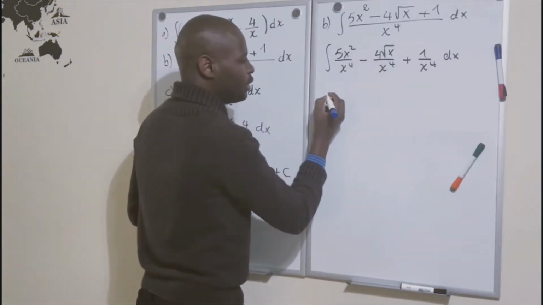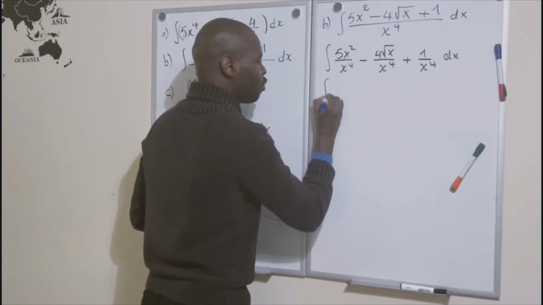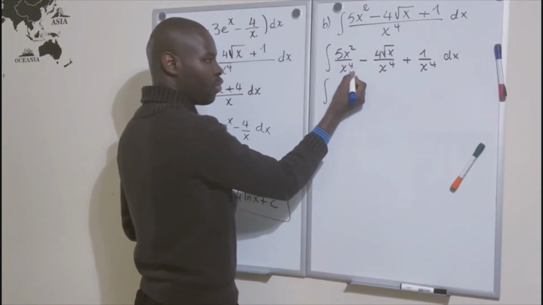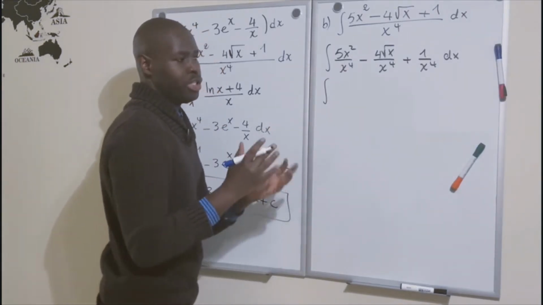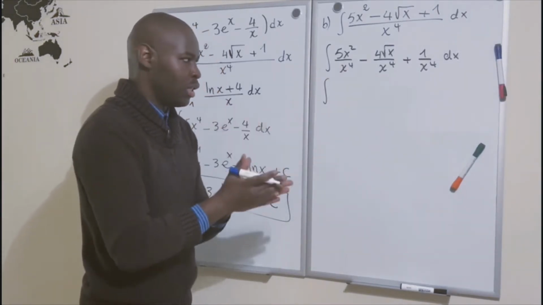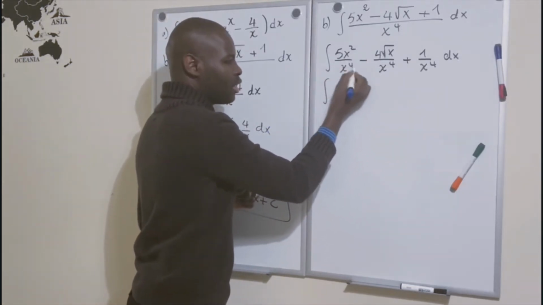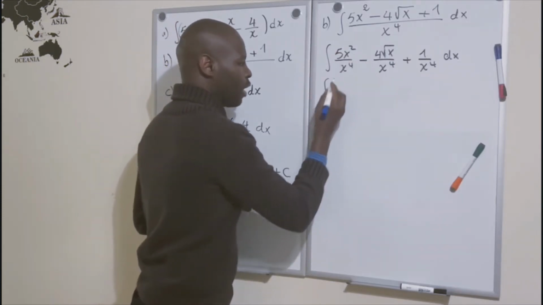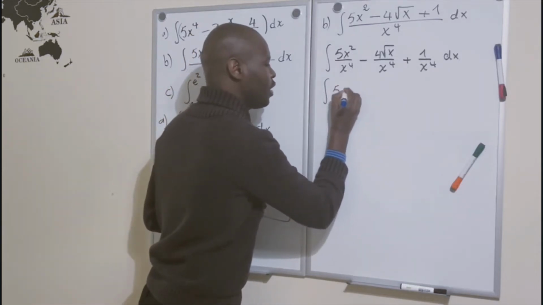So we can try to simplify this further before we integrate anything. Since this is x to the 4, I can bring all my powers up, because when you integrate, you do not want to deal with the quotient. It's always better to have everything on the top. So you have 5x squared.